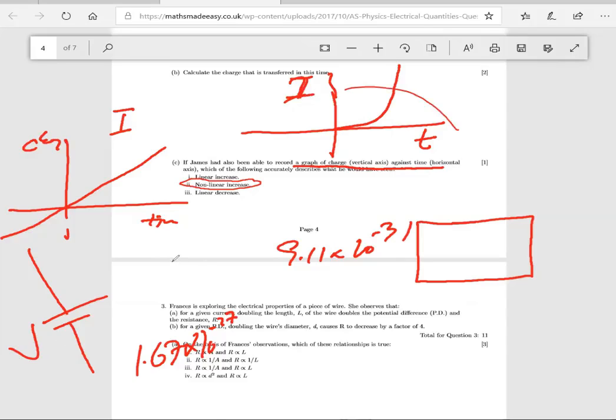Why is it not like this? Like this? Okay, wait. The charges against time. Abjad has been asked to record a graph of charge against time.